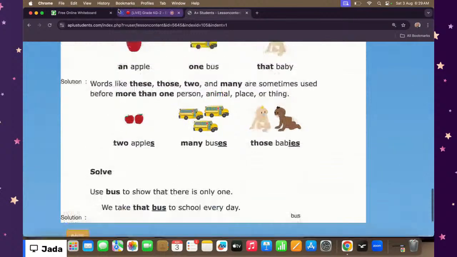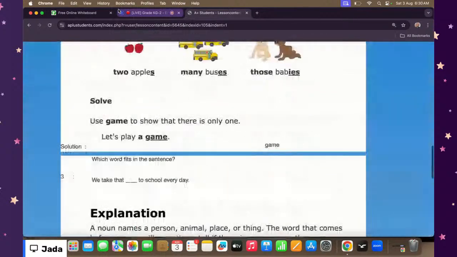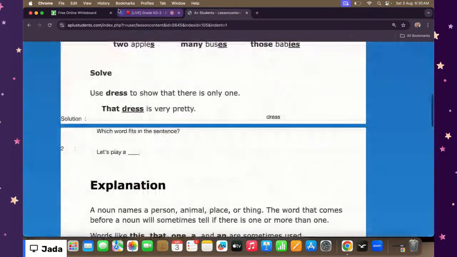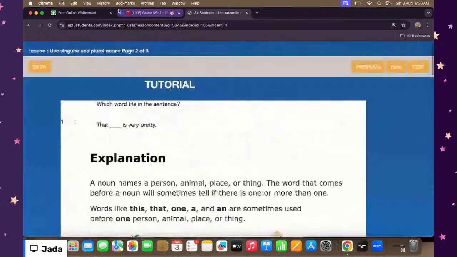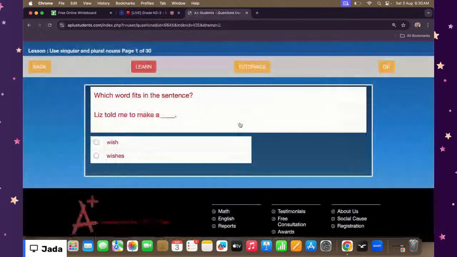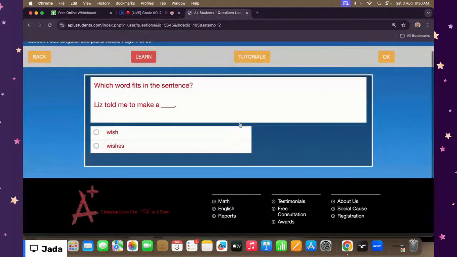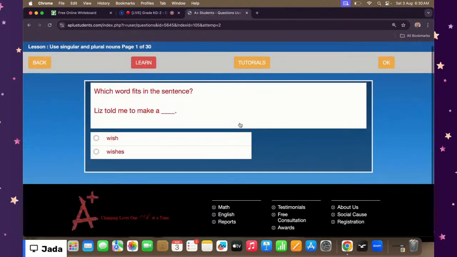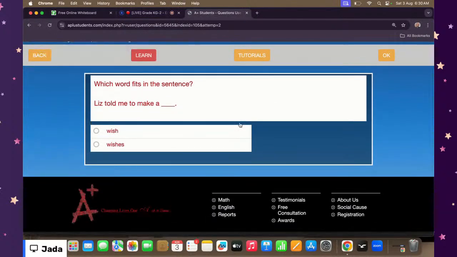All right. So let's move on to the test. Click and share your answers with me. Okay. I want to see all your answers. Send it to me on the chat. Liz told me to make a what? Which word fits in the sentence?